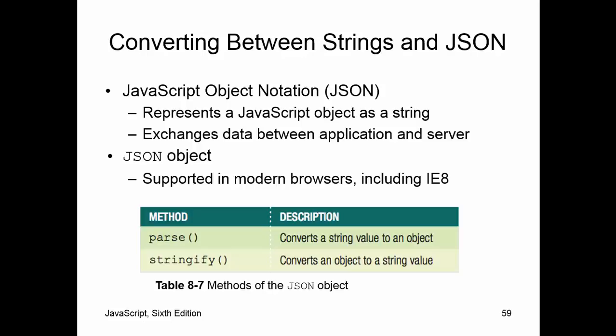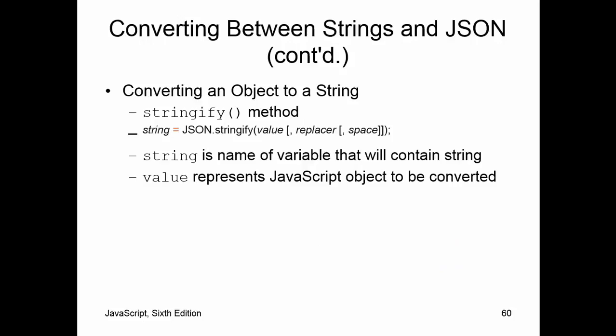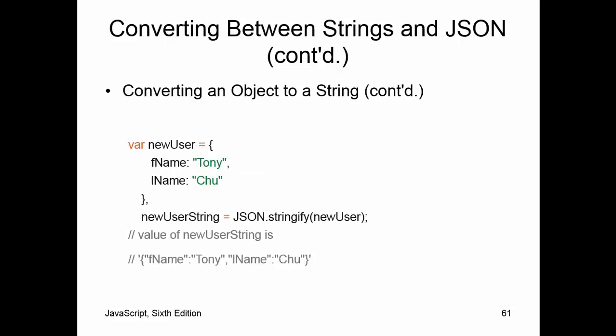It converts an object to a string. Don't worry right now if it doesn't make a whole lot of sense, because when we go over some examples in class, I believe it will make much more sense. So there's stringify, which converts an object to a string. That's going to convert this to this.